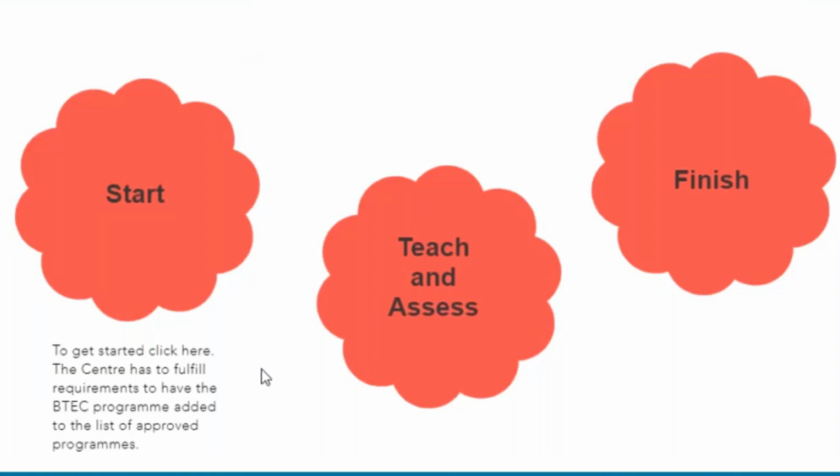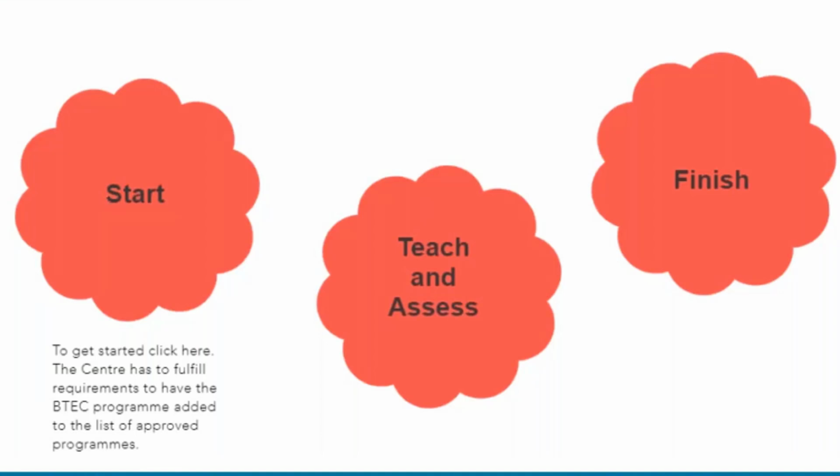I drew this silly little thing to try and explain. So with the BTEC quality assurance model, there's a start and a finish, which are purely admin. Starting is about the center getting approved and having the qualification on the list of approvals, and your exams officer, together with your help, adding students, registering students up front.